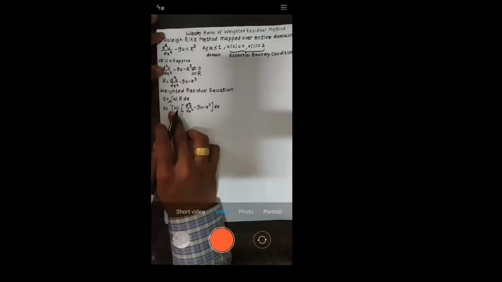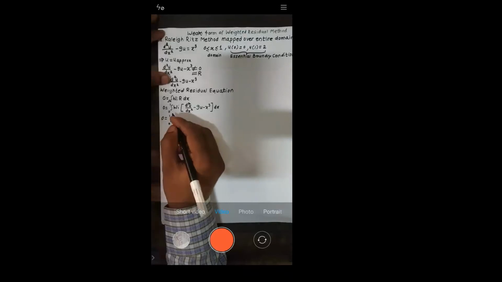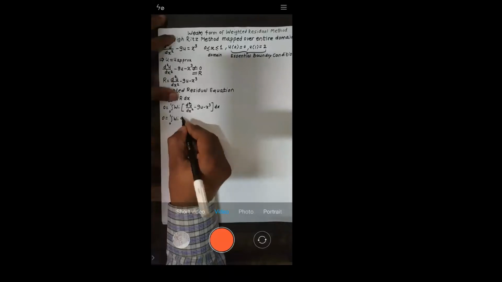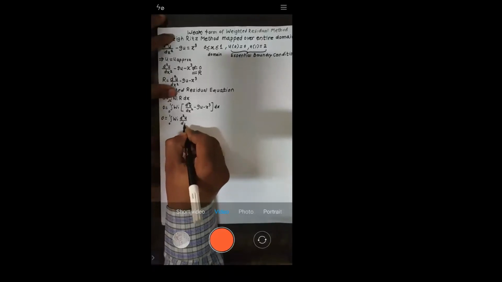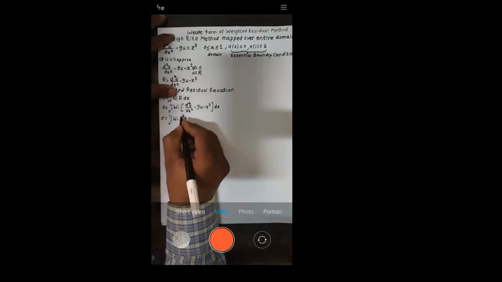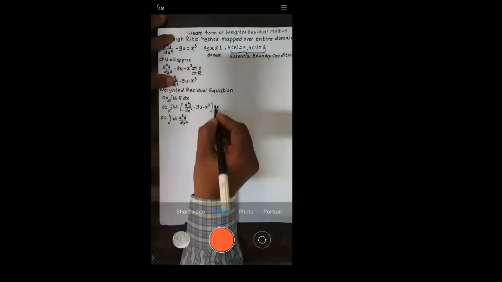So 0 is equal to integration 0 to 1 wi, that is the weight function, into d square u by dx square, this into this into dx, right? Then minus sign, I will take.